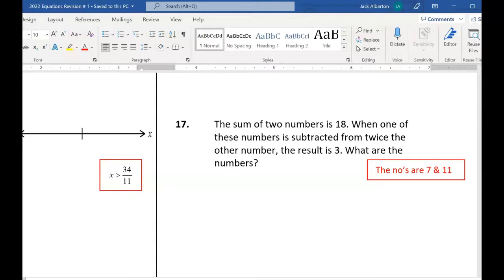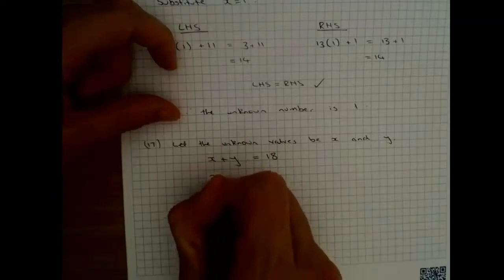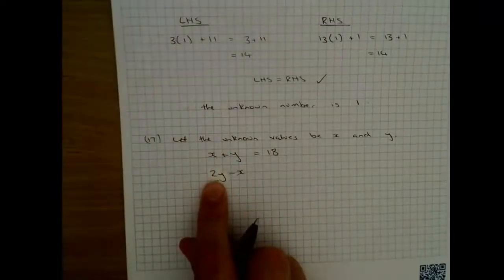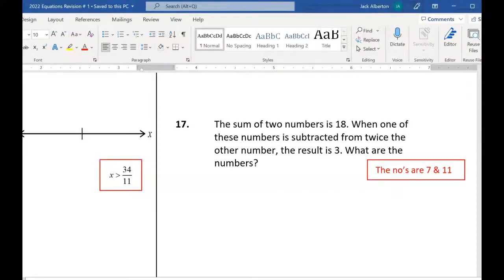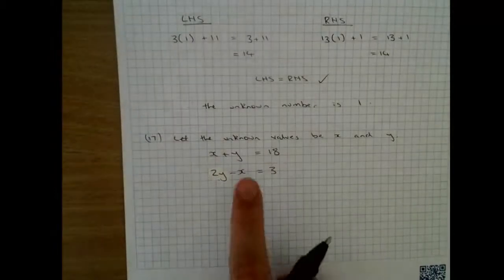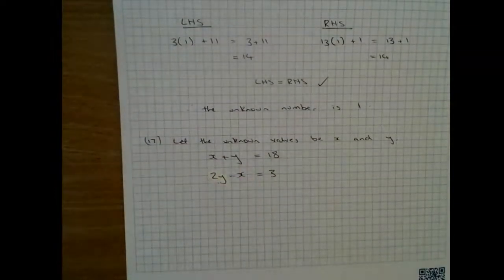And they also told me when one of these numbers is subtracted from twice the other number, the result is 3. So when x is subtracted from twice the value of y, we know that the result is 3. So this is how we'd set up the equations.